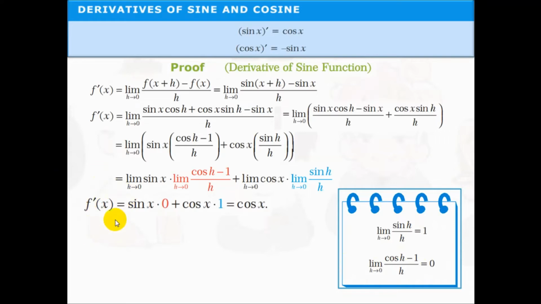So the first derivative is sine x times 0 plus cos x times 1, which is equal to cos x. So it is proved that the first derivative of sine x is equal to cosine x.